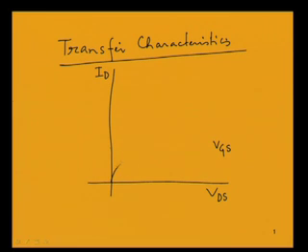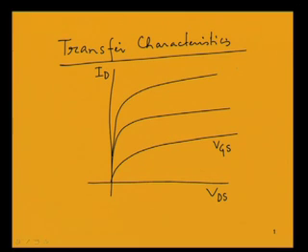We basically have seen in the last class how for various values of the gate to source voltage we get the plots between the drain current and the drain to source voltage. Now, from this VI characteristic or drain characteristic, we can draw the transfer characteristic.